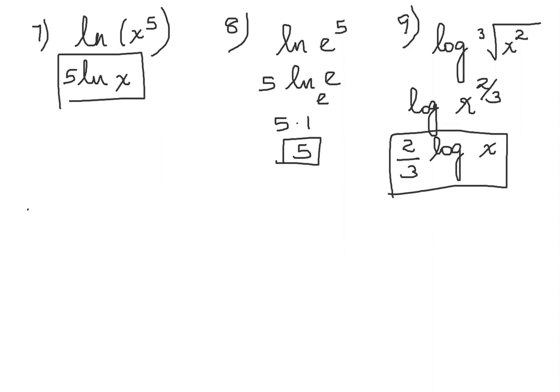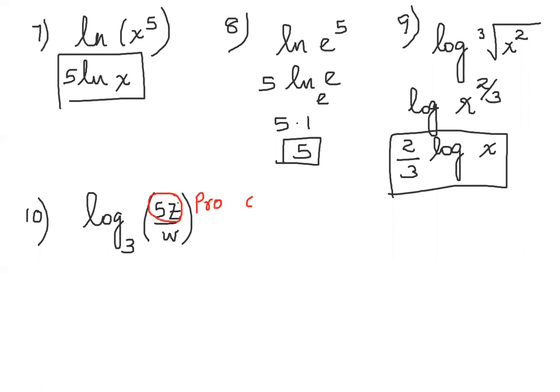In number 10, we have log of 5z divided by w to the base 3. So we have two rules we have to apply. The first one, for this one, we have to apply the product rule. And because it's division, we have to apply the quotient rule.